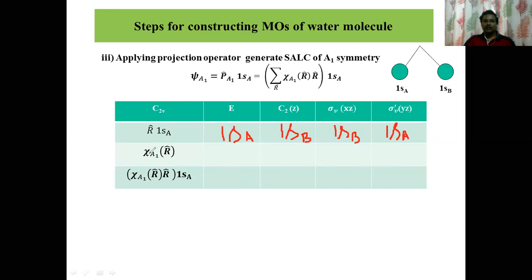Right. Now, what is the character of A1? All of us know that this is going to be 1, this is also 1, this is 1, and this is 1. Now, for the next step, I multiply these vertical lines.